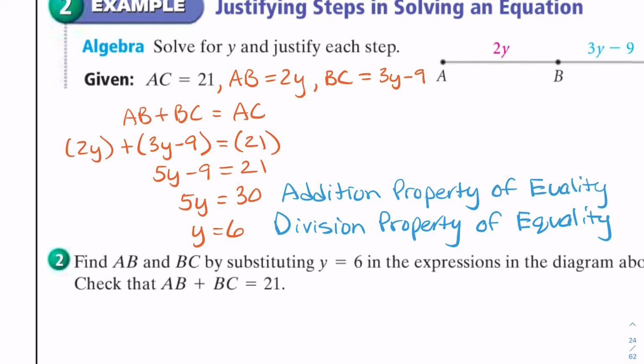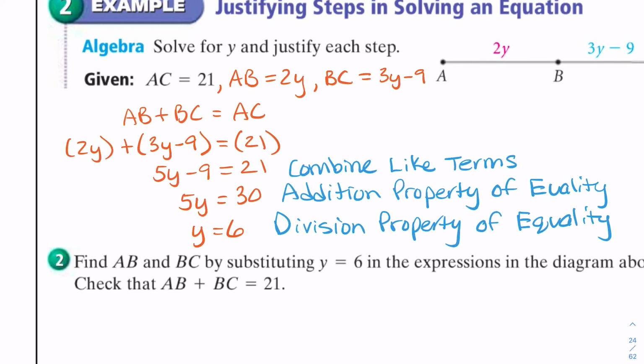Don't forget to write property of equality, that matters. All right, how did I get from here to here? Well, I just combined like terms.